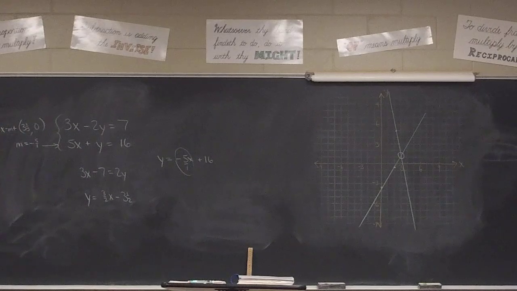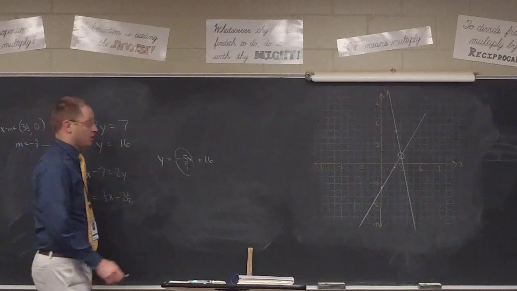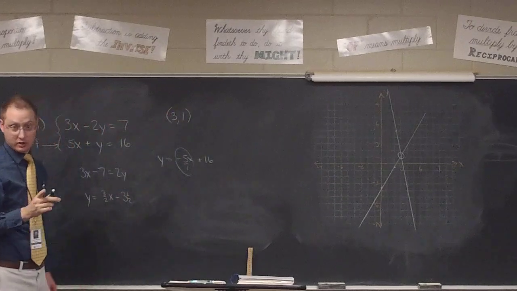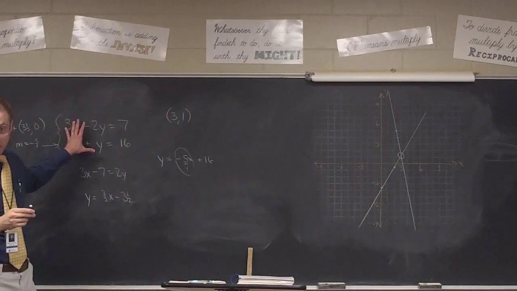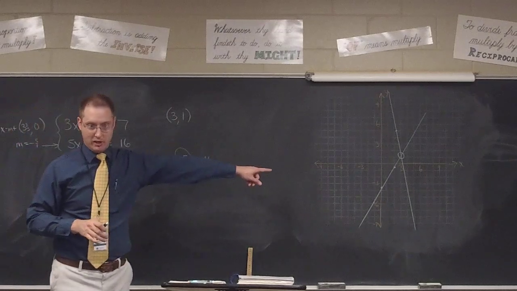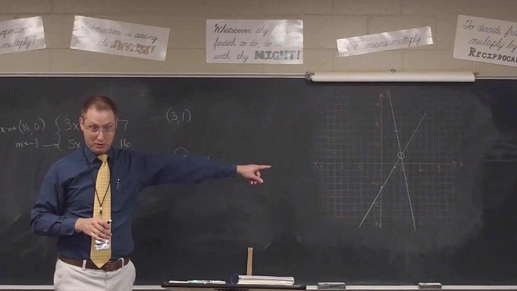Now, it kind of missed on my graph, but it appears to intersect around what point, class? Looks like about 3, 1, and in fact, that is the correct answer. I made this up off the top of my head. I didn't have anything in the notes, and I solved it by the time I finished doing that, using the method I'm going to teach you tomorrow.